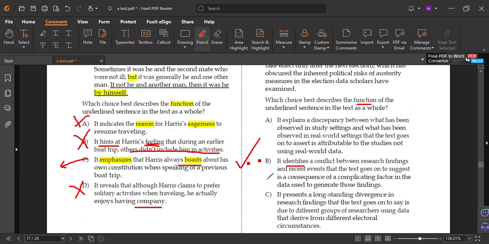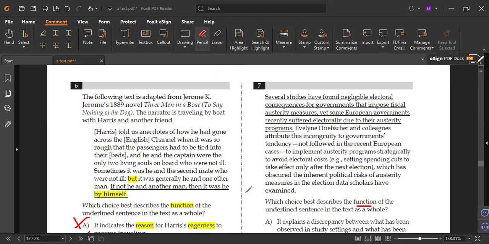Do we have a conflict? Yes. And what is it? It says here "and yet," and yet means however. However means contrast, a conflict between opposite ideas. Do you feel it?